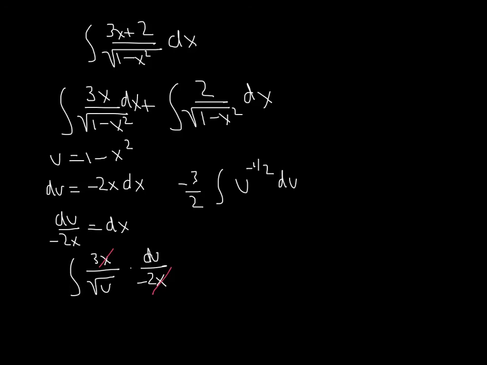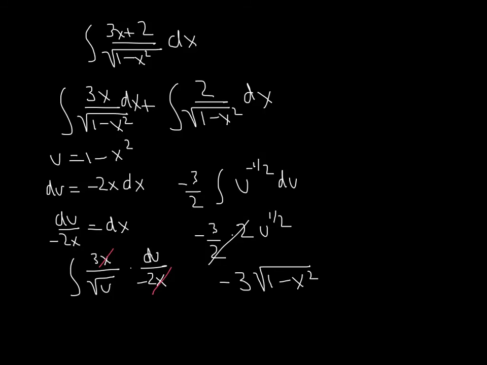And if we integrate that, that's going to give us negative 3 halves, and if we add 1 to the power, it's going to end up giving you positive 1 half. And then you divide by positive 1 half, which is the same as multiplying by 2. So that's going to cancel off those 2's right there. And it's going to end up being negative 3 times u to the 1/2. And that's the same as the square root of 1 minus x squared.